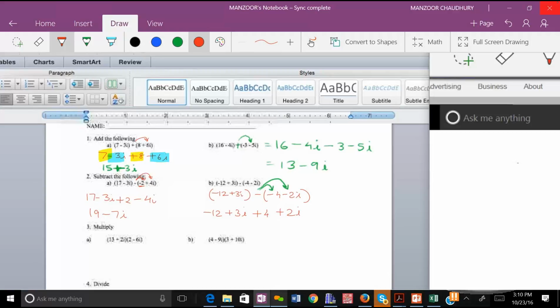So the i's get together, numbers get together, so it'll be negative 8 plus 5i. Any confusion so far with these questions? No confusion.